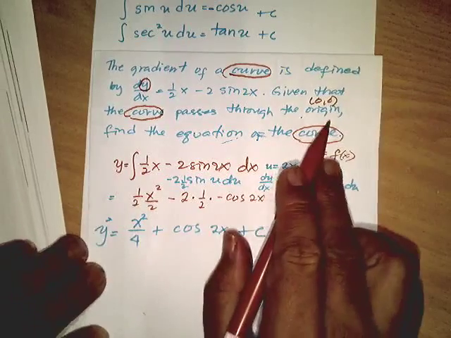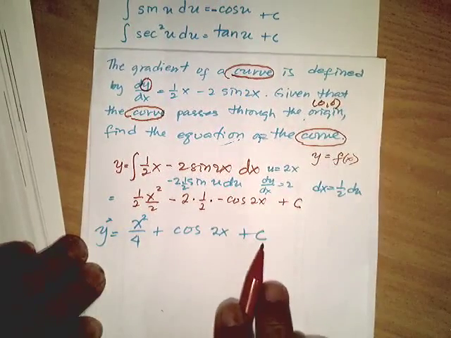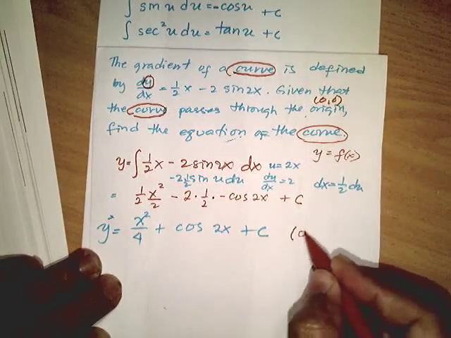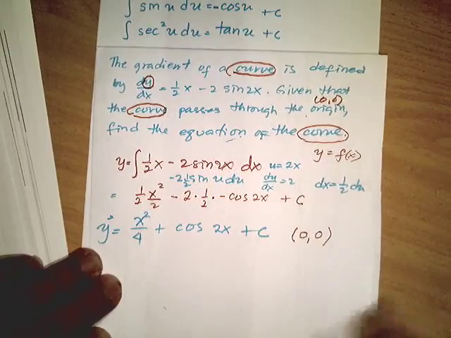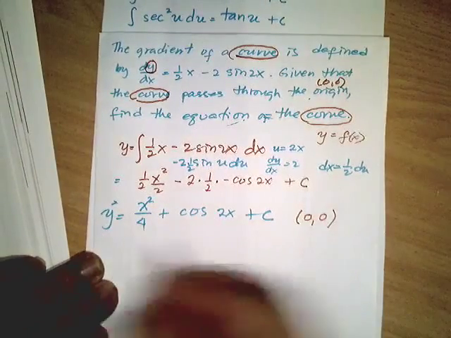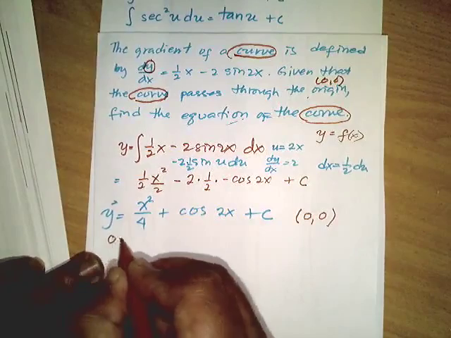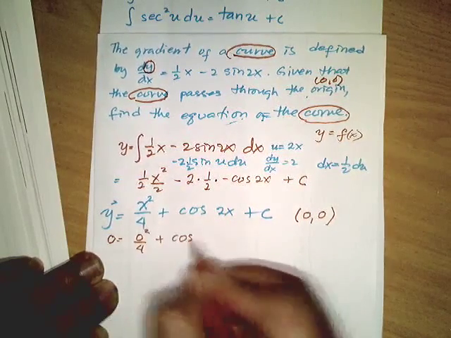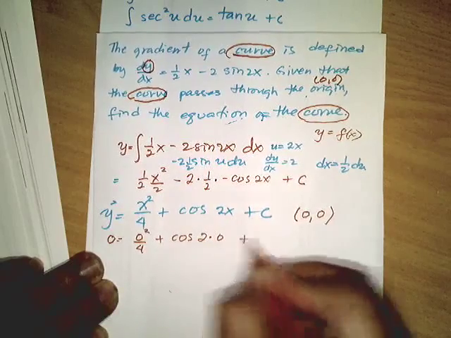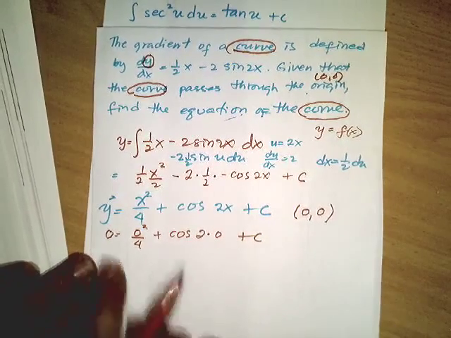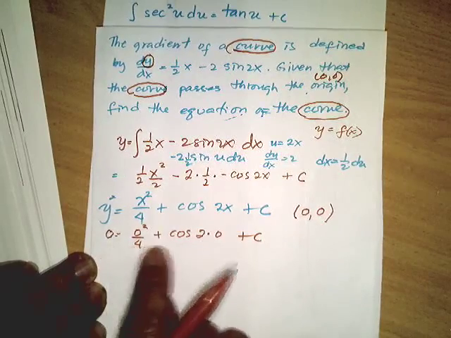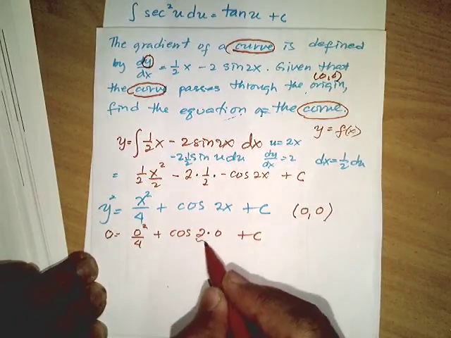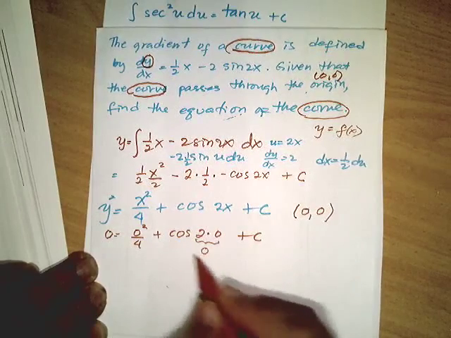If it passes through the origin, you can find the c because it gives you the specific values x equals 0 and y equals 0. So 0 equals 0 plus cosine of 2 times 0.